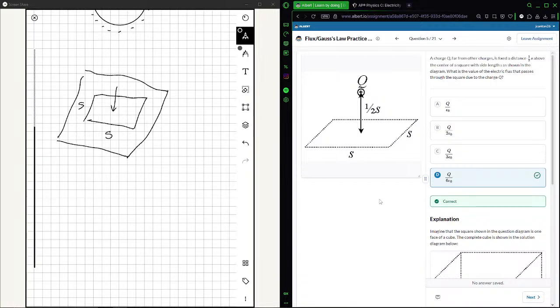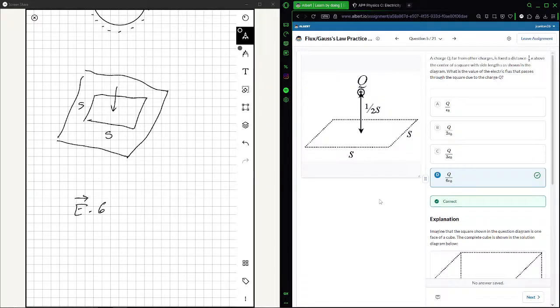So we have that. What are we finding? What is the electric flux? Okay. Flux is Q enclosed times what's the surface area of a cube? It's 6 times the side length, right?